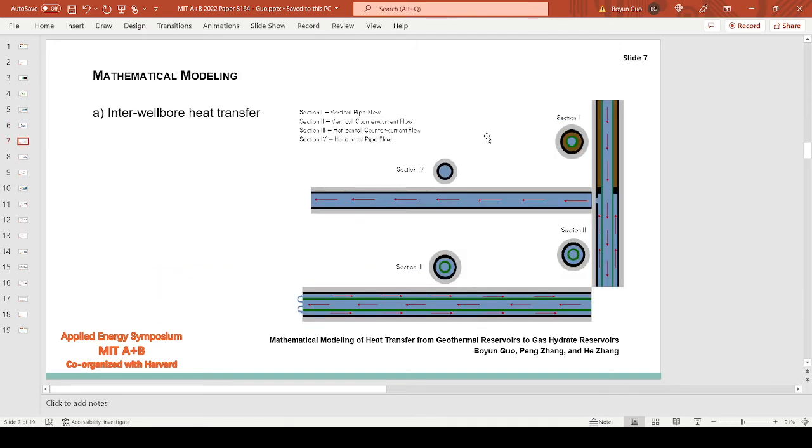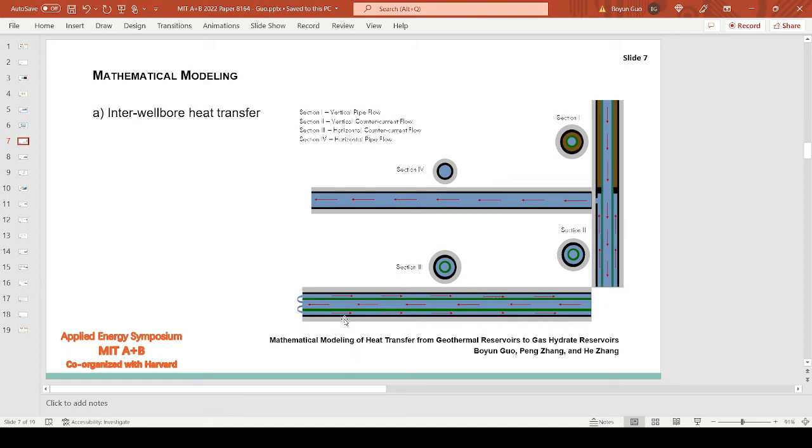Mathematical models. We have developed two sorts of models. One is called the inter-wellbore heat transfer model, where we divide the wellbore into four sections. The first section has unidirectional flow to provide water flow. Then you have a counter flow in the vertical section.